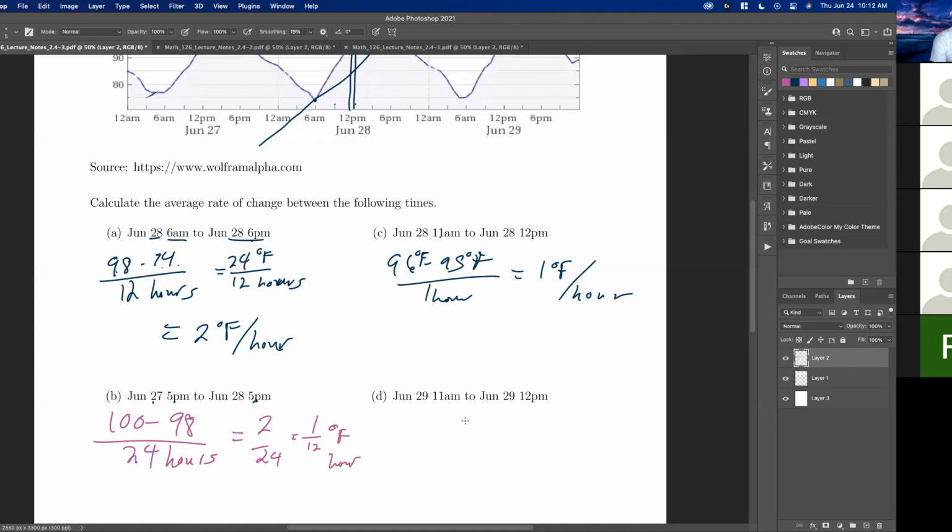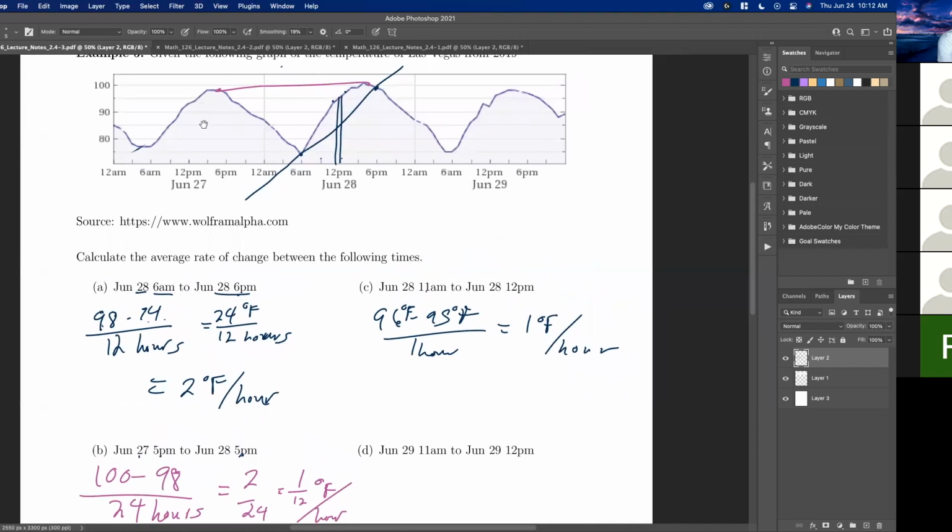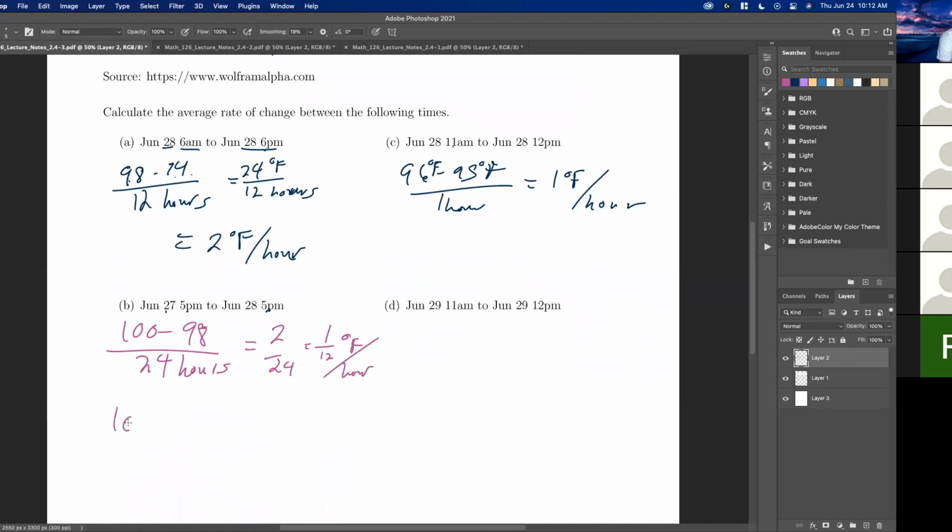But is that a good estimate, or at least a good way of stating this estimate? Is I gain 1/12 of a degree Fahrenheit per hour? No, right? But if I rewrote this as 100 over 98 over 1 day, my change of x is 1 day. I said I gained about 1 or 2 degrees Fahrenheit per day.